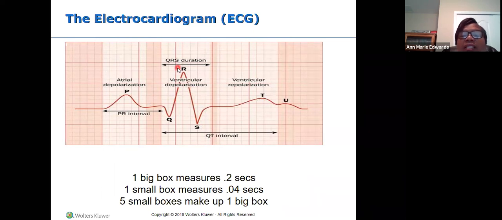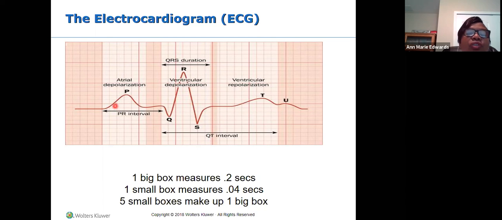Atrial resting is hidden behind our ventricular depolarization or QRS wave, okay? So if I say atrial systole, you're looking at your P wave. If I say ventricular systole, you're looking at your QRS complex, okay?